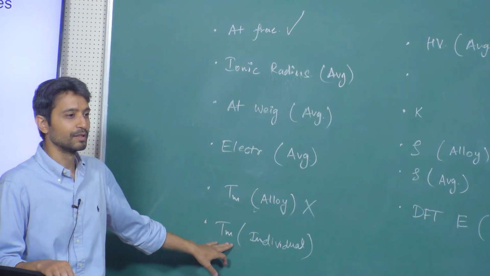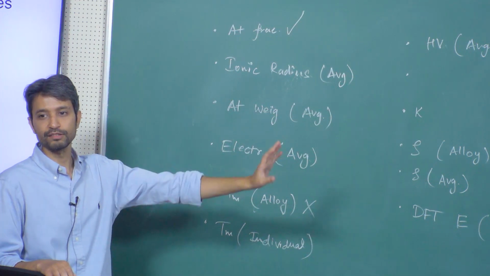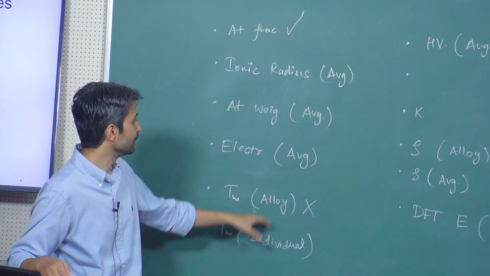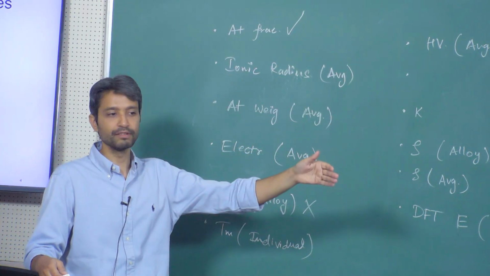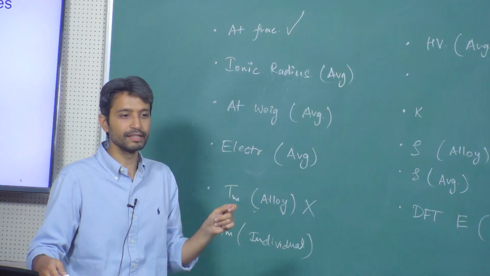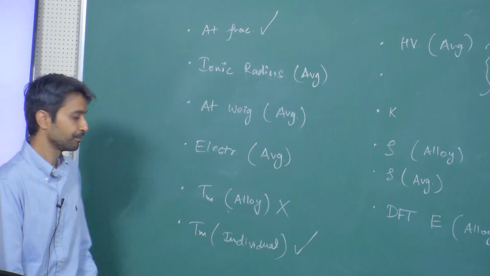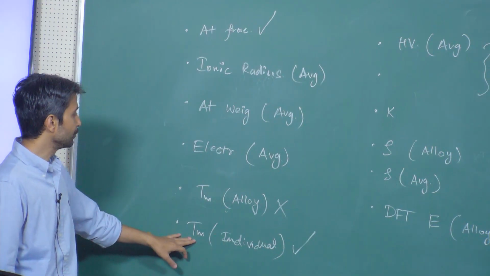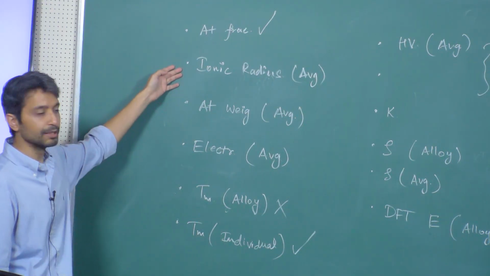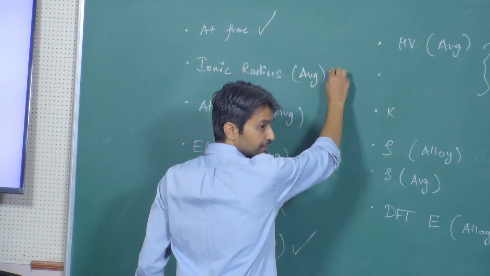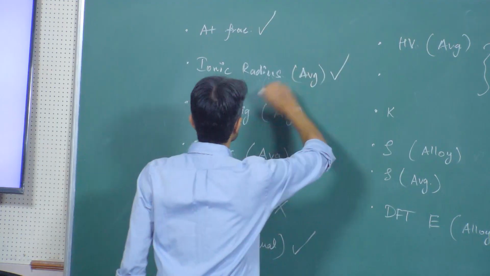So more or less for the alloy cases we are talking about, this information will be available, and I can always average them in a composition weighted manner, or there are a few other tricks. You can do it and then you can use it. If I am able to use melting, then I am obviously able to use ionic radius. So this also is a good feature.